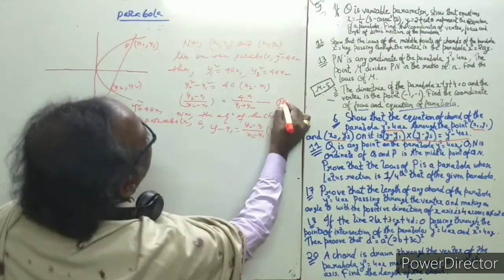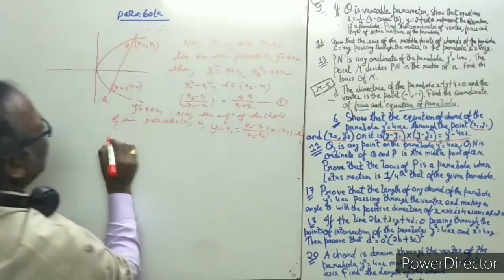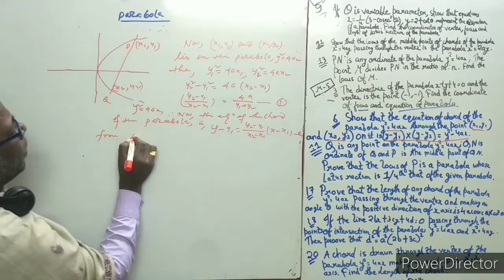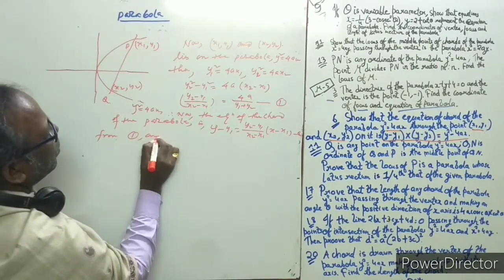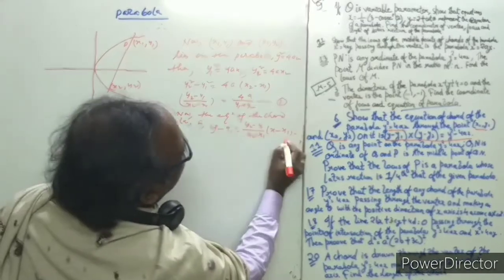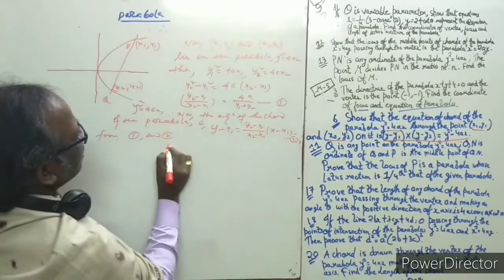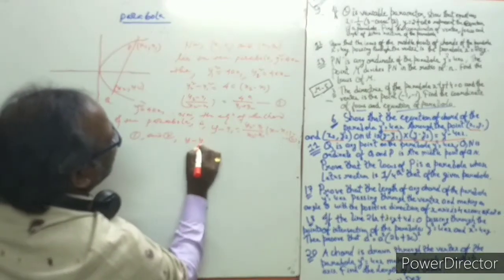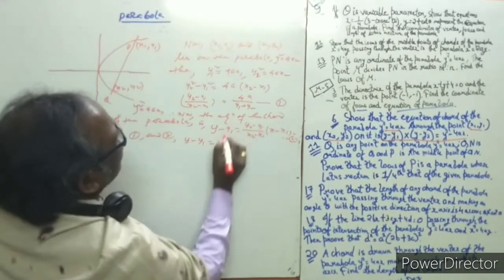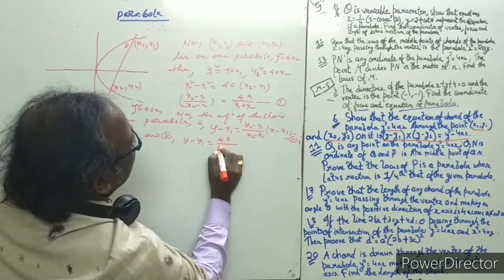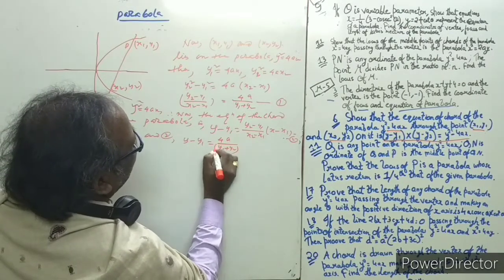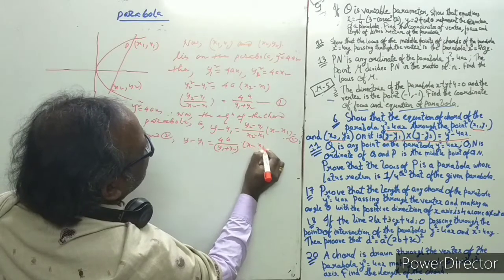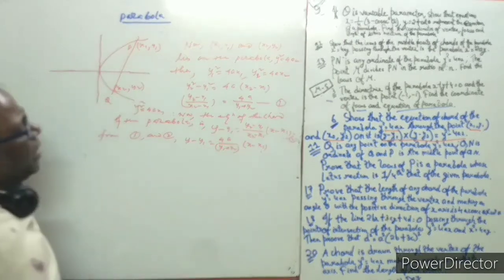So from 1 and 2, this is 2 here. So this is easily y minus y1, and that is 4a into (y1 plus y2) here, and x minus x1. So take care.